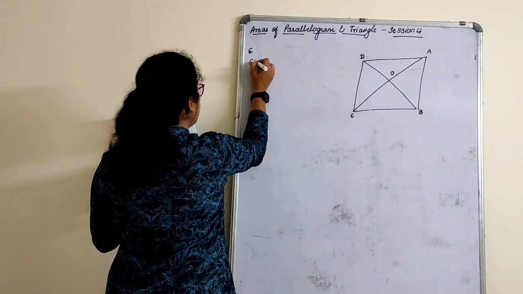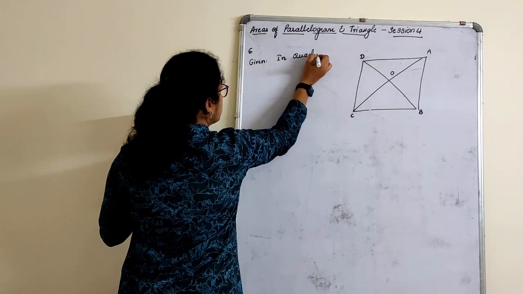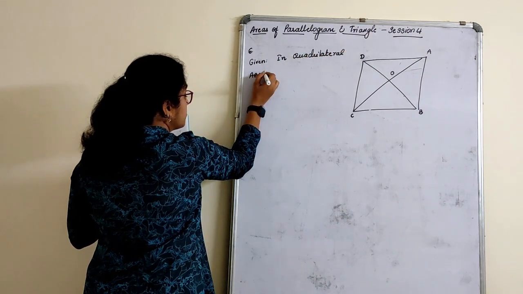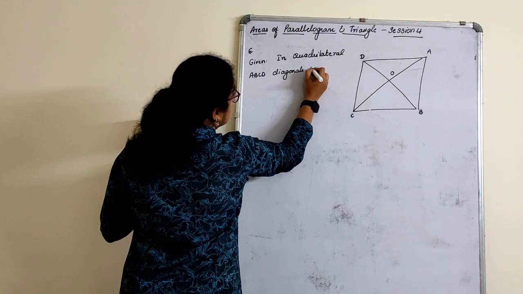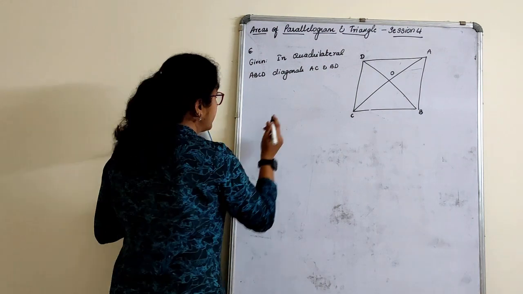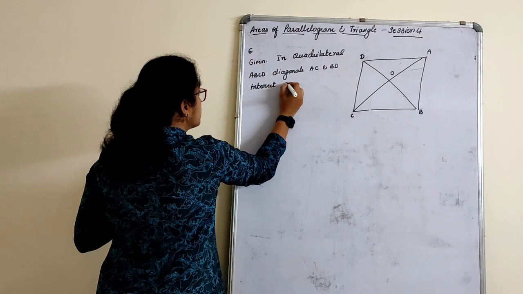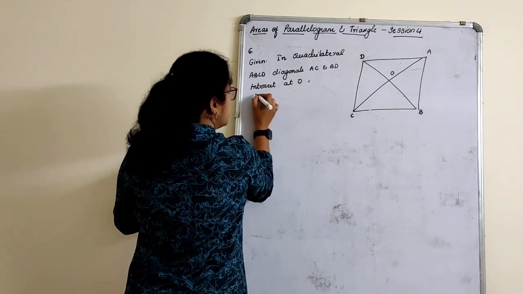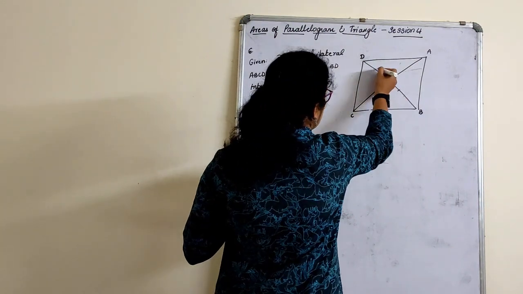So given the same thing, we will write: in quadrilateral ABCD, diagonals AC and BD intersect, they don't bisect, intersect at O. Apart from this, though they intersect, it is also given OB is equal to OD.